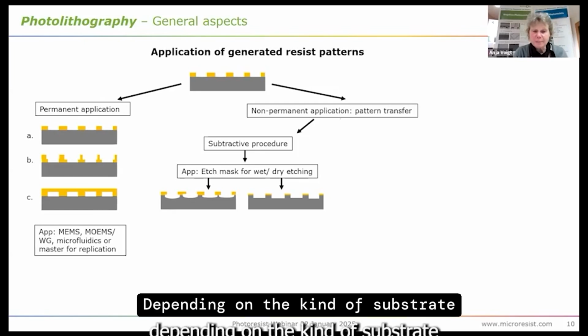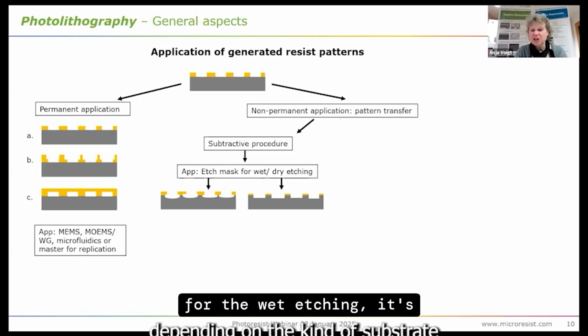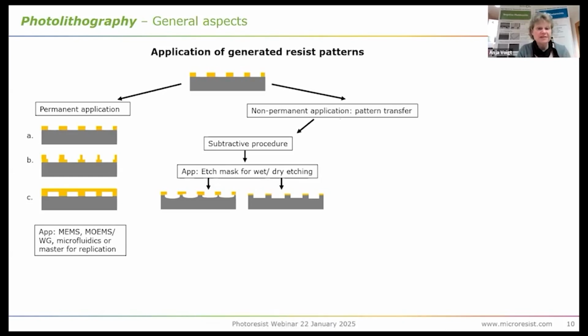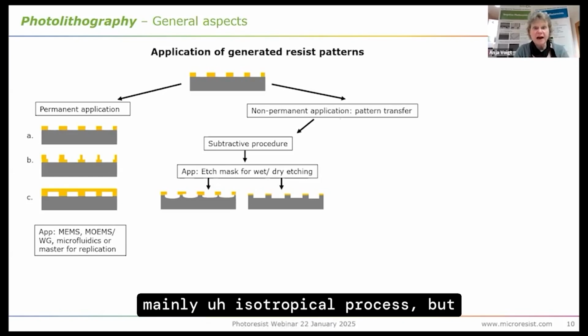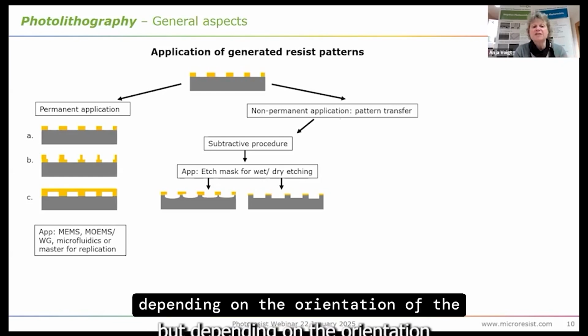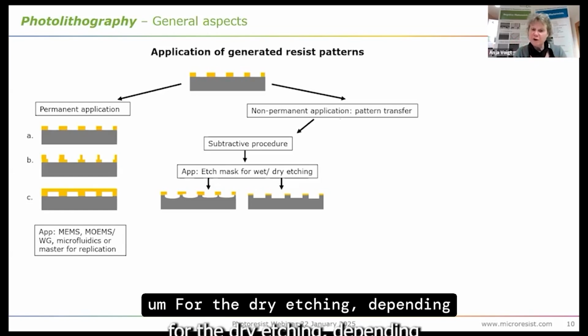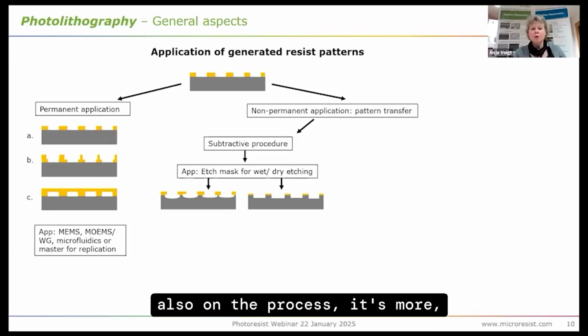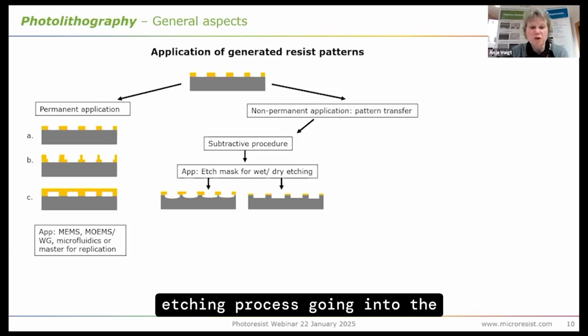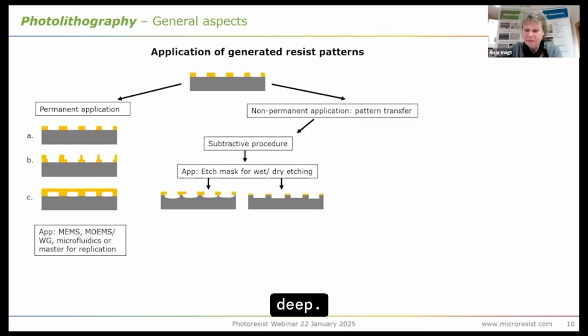Depending on the kind of substrate, the wet etching is mainly an isotropic process, but depending on the orientation of the substrate, you can slightly tune the etching profile. The dry etching, depending also on the process, is more, let's say, an oriented etching process going deep into the substrate.